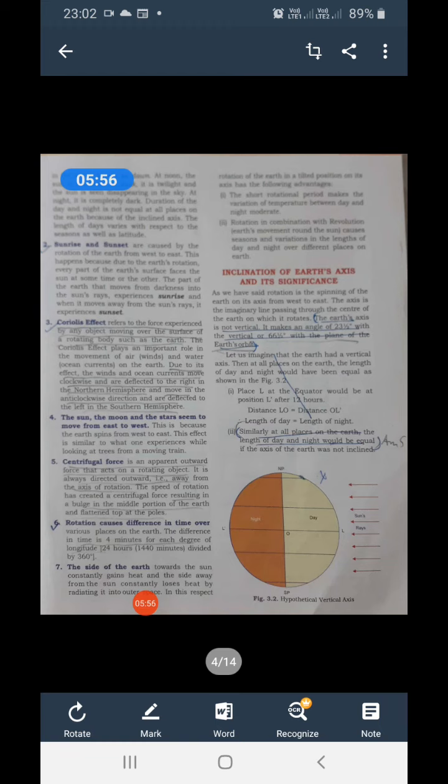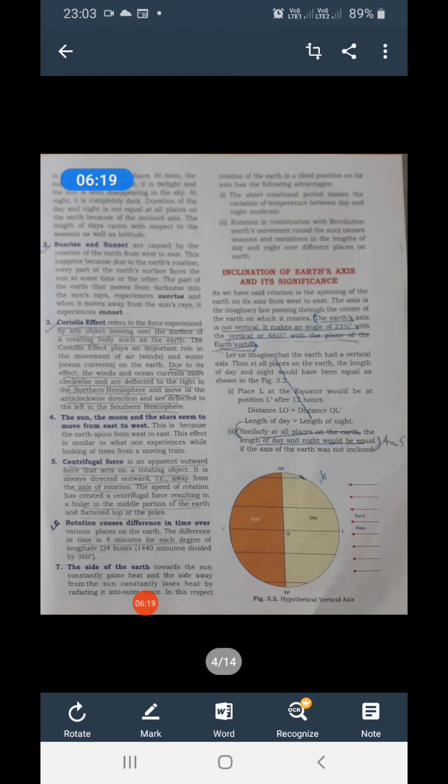Now, Coriolis force or Coriolis effect, they have written over here, refers to the force experienced by any object moving over the surface of a rotating body such as the earth. This means that earth, when it rotates, it creates a force which is called a Coriolis force.